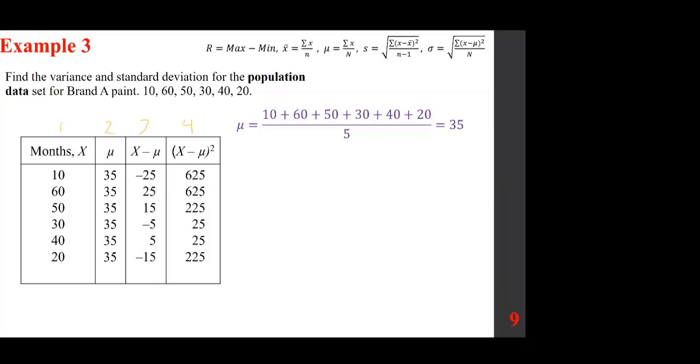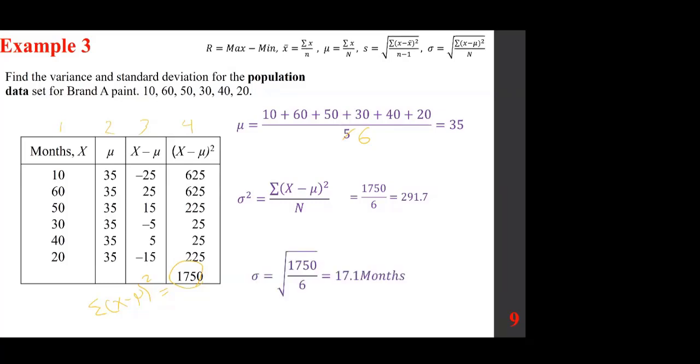Now the summation would be to add up this one. What you are looking at is the summation of x minus mu quantity squared. In other words, this is the numerator of the variance. For mu class, please change it to 6. That is the variance. Standard deviation, you just take a root. So you take a root, and that would be the standard deviation.